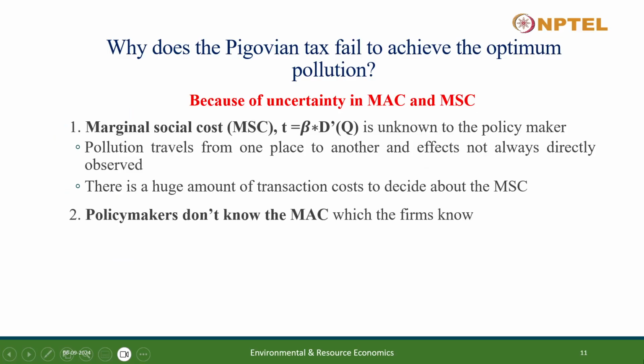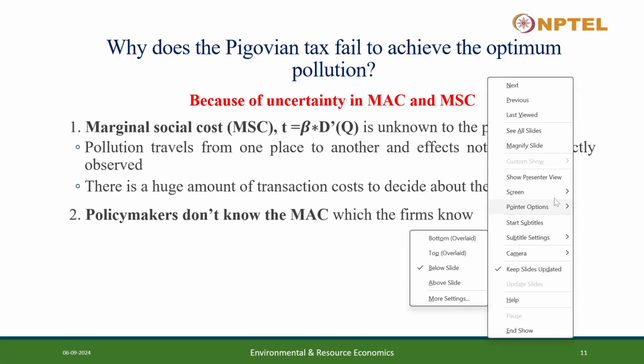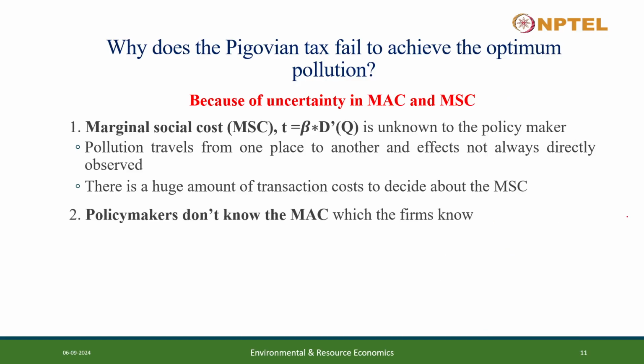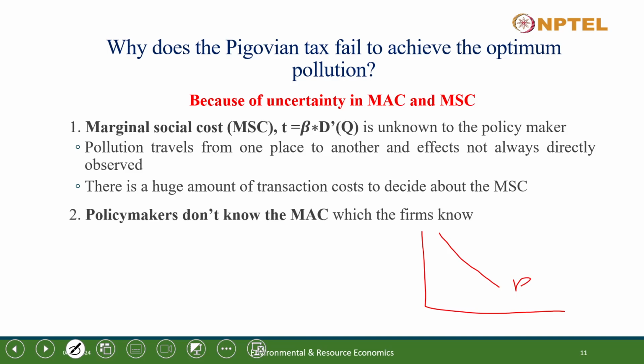Previously we have talked about the Pigovian tax. In Pigovian tax, we have said that if there is a cost function, let's say this is the private marginal benefit, and this is the private marginal cost curve.